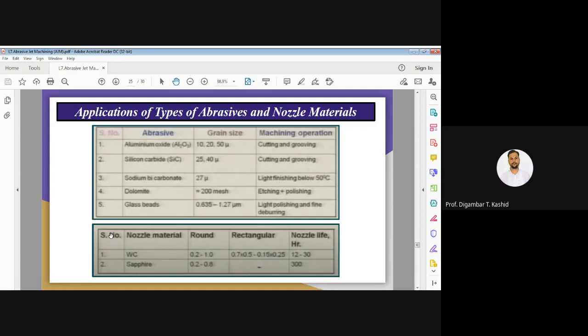The answer is here. You can see the applications of various types of abrasives and the nozzle material. I have shown two tables.